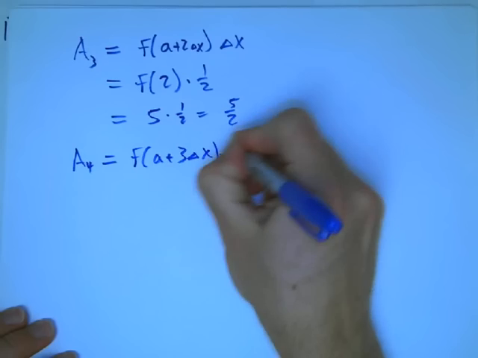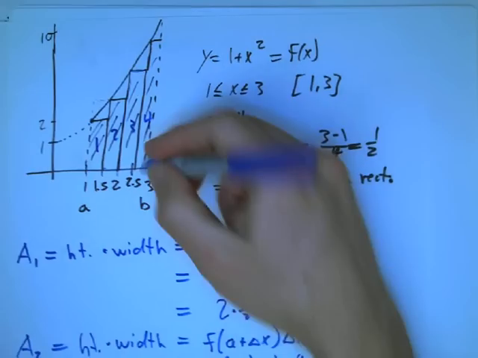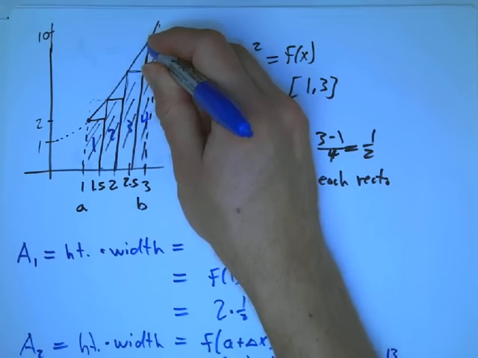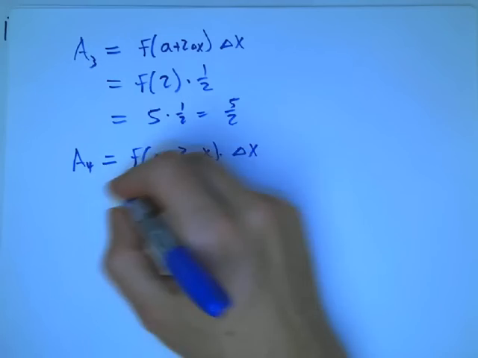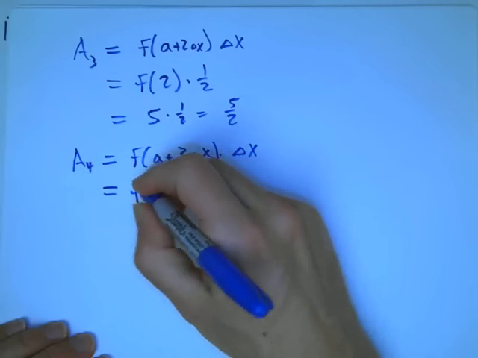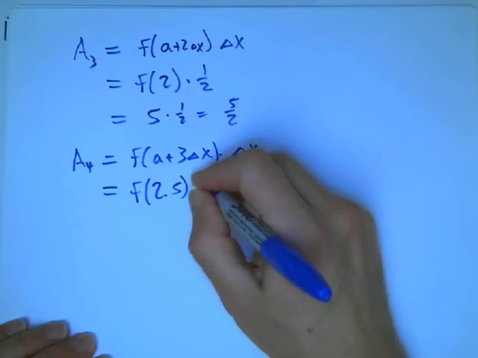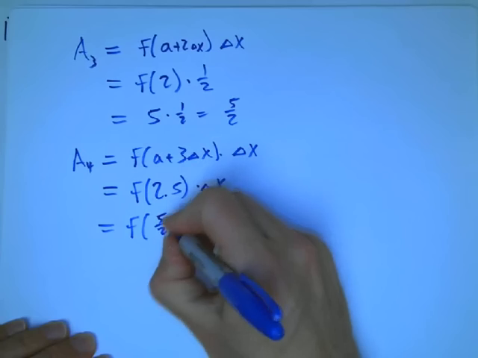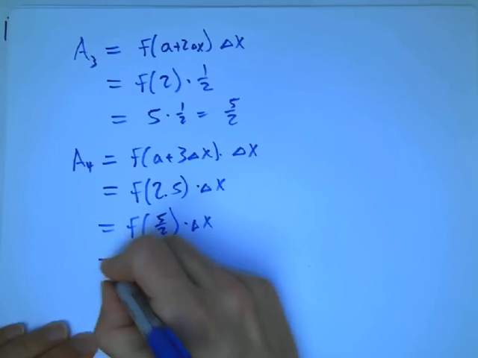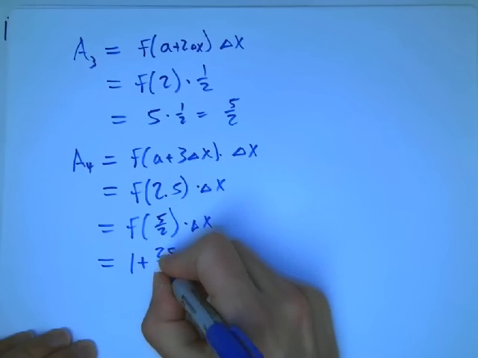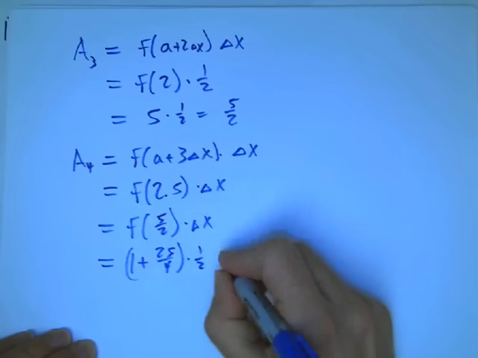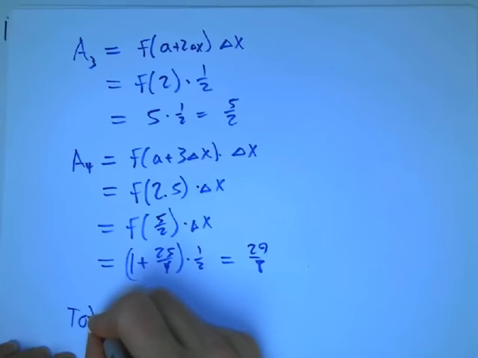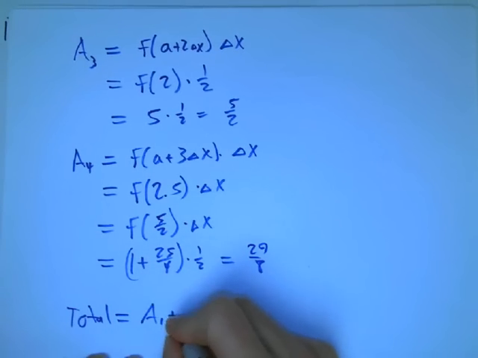A4, continuing the pattern, we go from a, skip 1, 2, 3 units of delta x to get to the left endpoint of the last rectangle. And that's f of 2.5. Let me do it all as fractions from the start, unlike the way I did 1.5. Okay, so that's 1 plus 25/4 times 1/2. So that's 29/8.